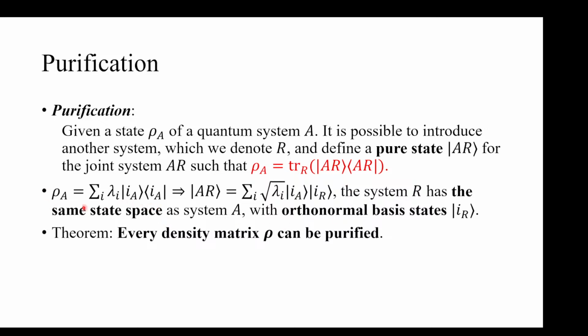Here we give a constructive way to find this purification: you write rho A as its diagonalization, rho A equals summation over i of lambda i |i><i|, then you write |AR> equal to summation over i of square root lambda i |i>_A |i>_R. So this is a purification, and purification is not unique, but it's nice to know that purification exists.